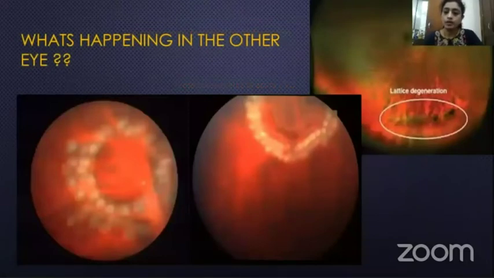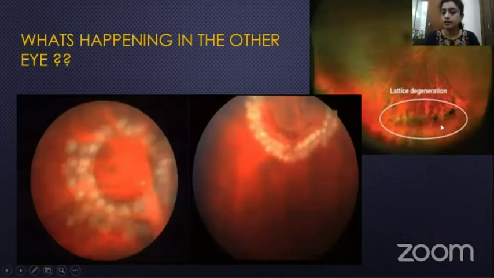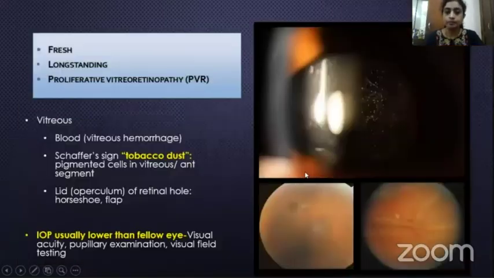It's always important to see what's happening in the other eye before we start managing the RD, because there may be some peripheral retinal degenerations like lattice degeneration, or maybe a retinal hole or a fresh horseshoe tear, which has to be prophylactically barraged to prevent RD in these eyes.